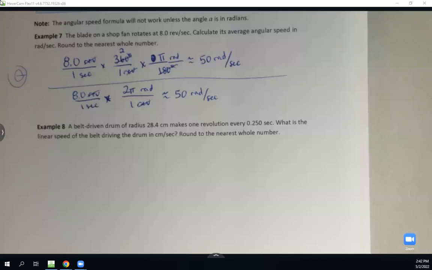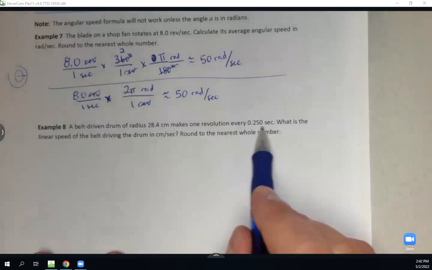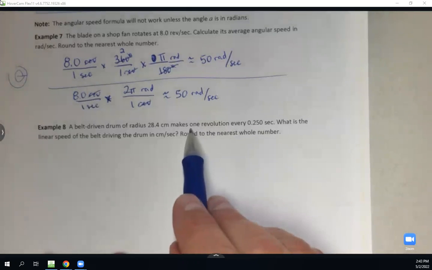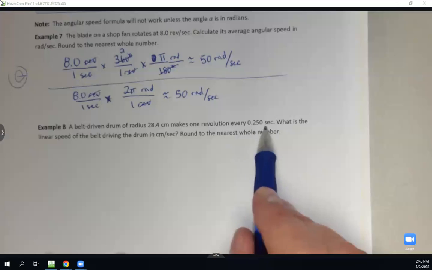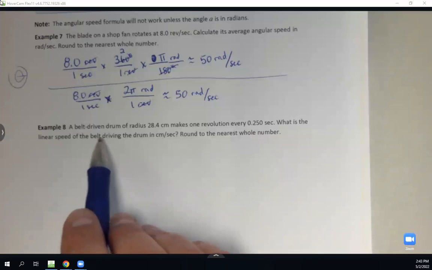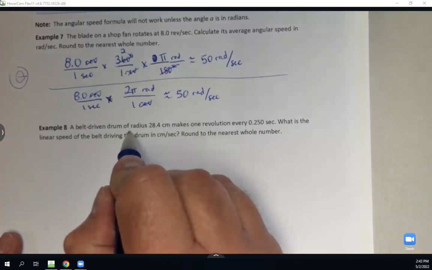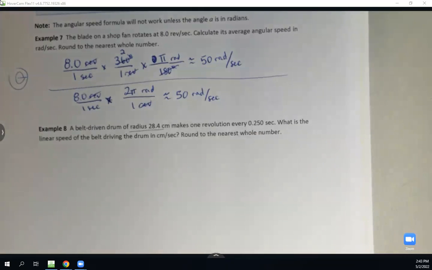Okay. So what we know in this problem is we know revolutions. We know that 1 revolution is happening every 1/4 of a second, every 0.25 seconds. Now it's telling us that the radius of this drum is 28.4 centimeters.